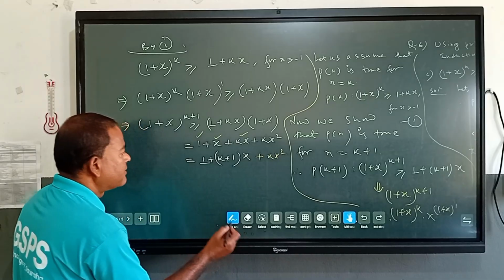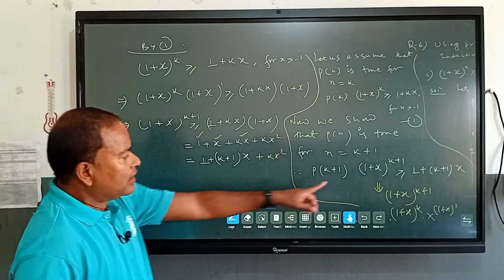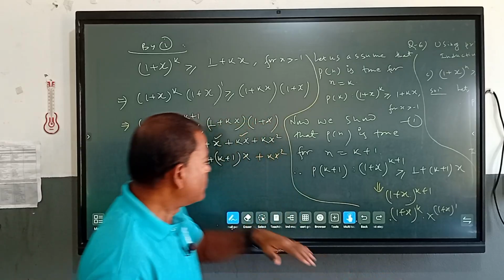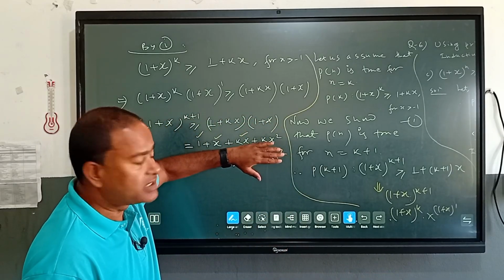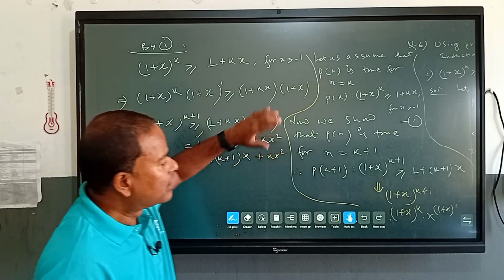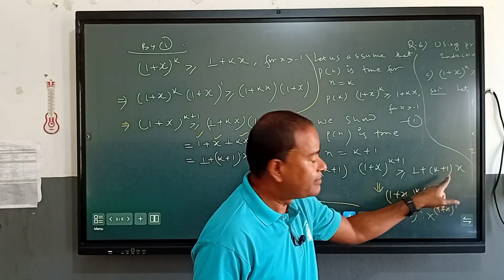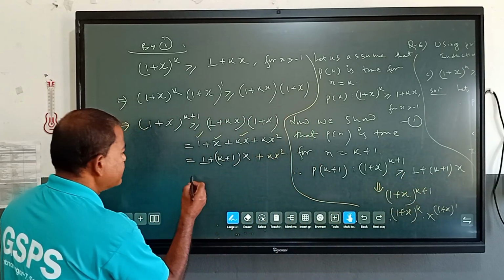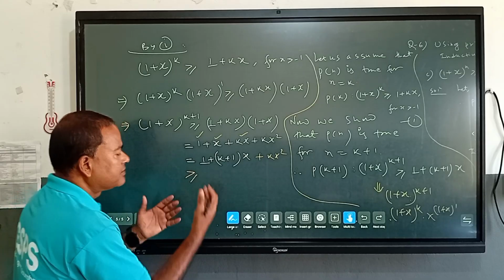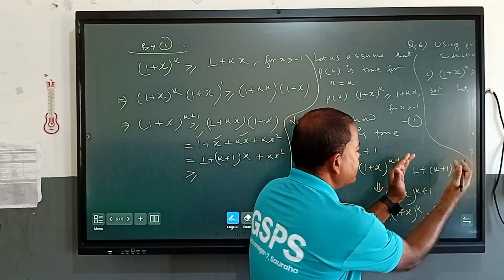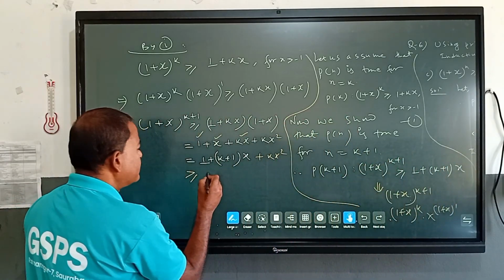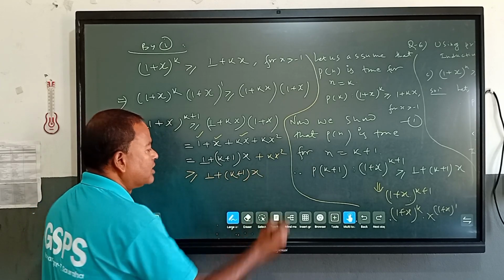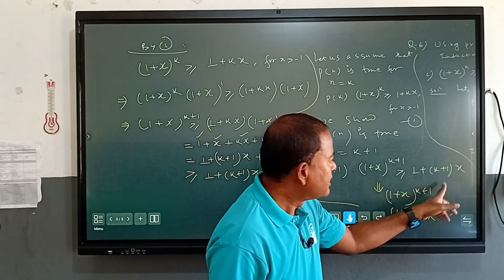So dear students, now we need the relation greater than or equal to. So again, what we have, we don't look at it. Again we copy this whole statement with this relation, that is greater than or equal to. Let's copy this whole expression again. Greater than or equal to 1 plus k plus 1 x.